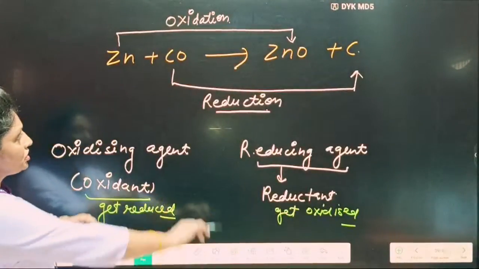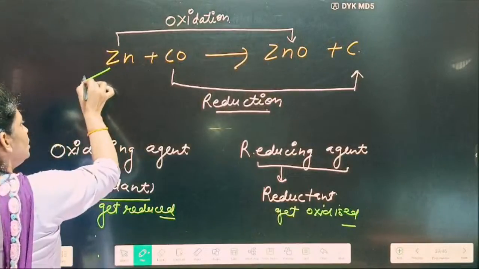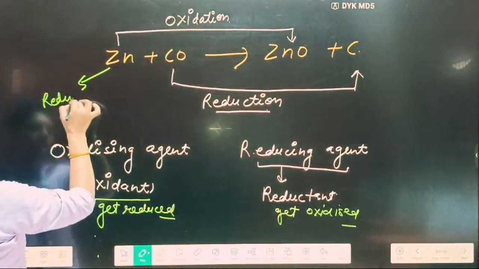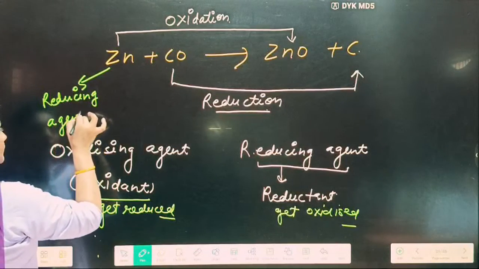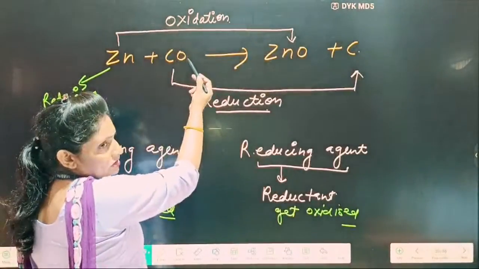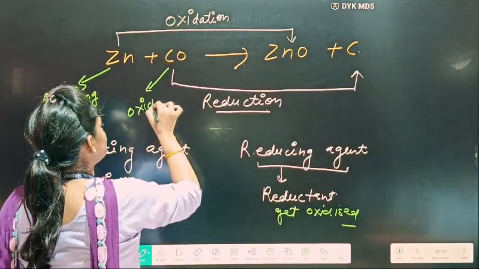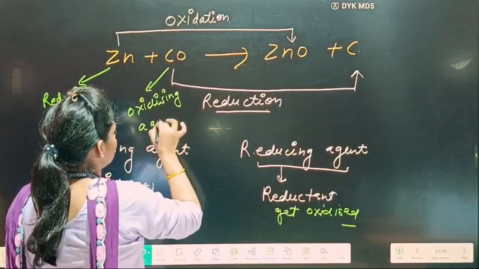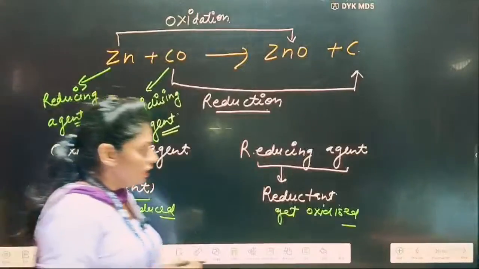So which one gets oxidized, means it is the reducing agent. And reduction of that takes place, means it is the oxidizing agent. Any doubt, students? Okay.